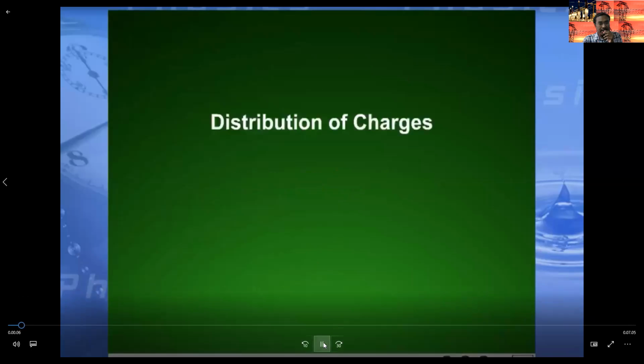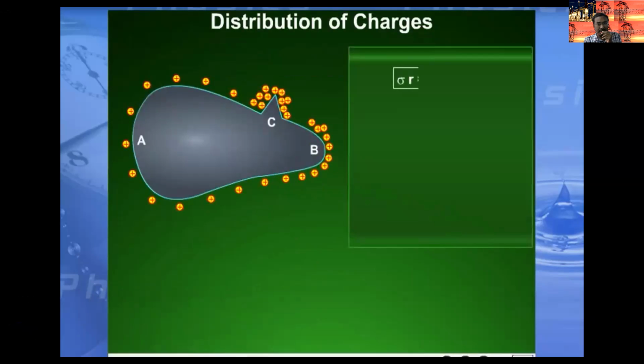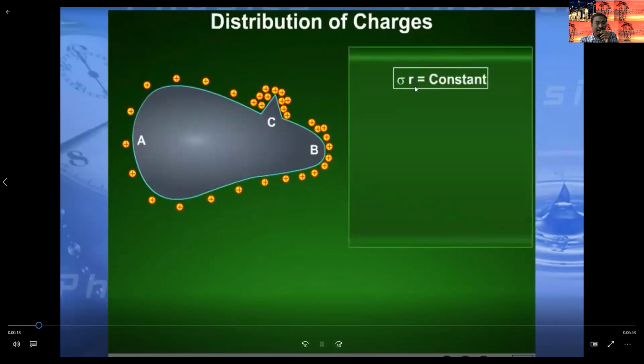Distribution of charges on a conductor. From this animation, we can come to the conclusion about the distribution of charges on a conductor. Here, sigma r is a constant. Sigma r equals constant. Sigma is called the surface charge density. r is called the radius of curvature.